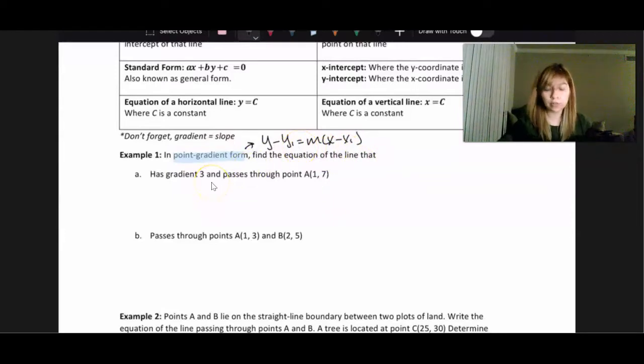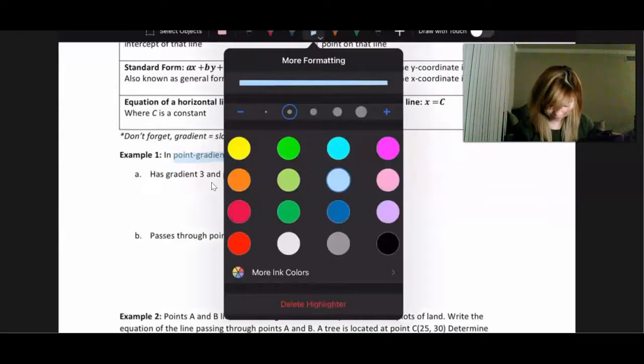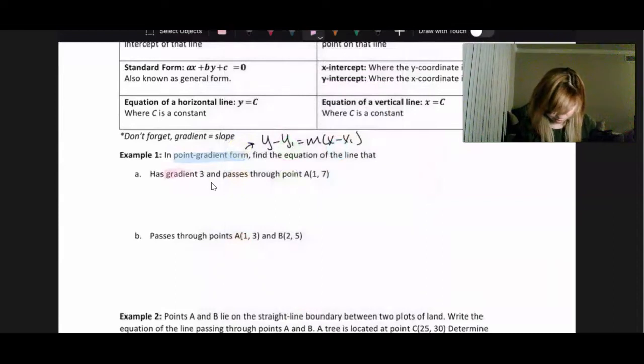So what information do they give me? Well, they tell me that my gradient is 3 and it passes through point A (1, 7). They give me a gradient, they give me a point. I can solve it using point gradient form, which is very convenient because my answer is in point gradient form anyways.